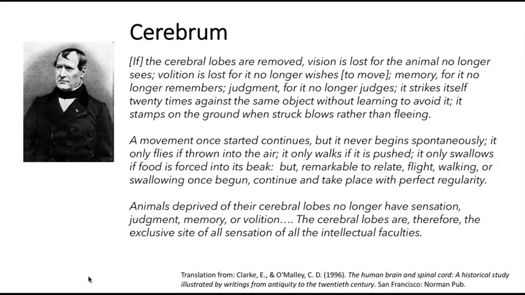It only flies if thrown into the air. It only walks if it's pushed. It only swallows if food is forced into its beak. But remarkable to relate, flight, walking, or swallowing once begun continue and take place with perfect regularity. Animals deprived of their cerebral lobes no longer have sensation, judgment, memory, or volition. The cerebral lobes, therefore, are the exclusive site of all sensation, of all the intellectual faculties."